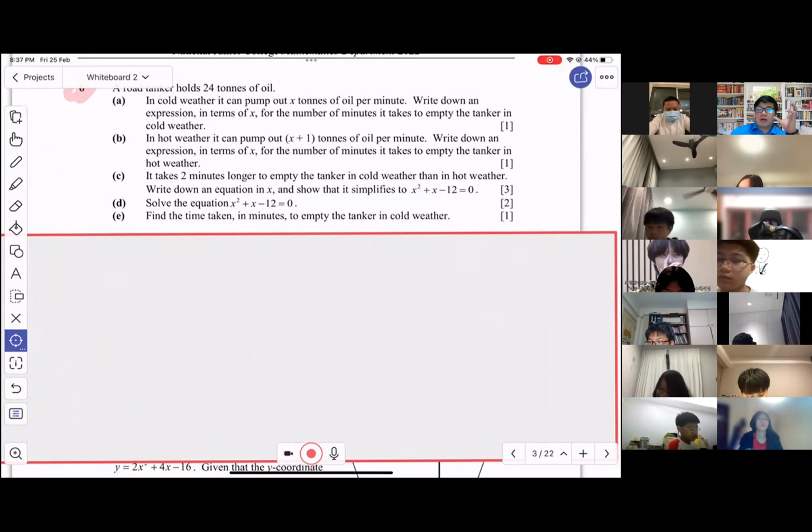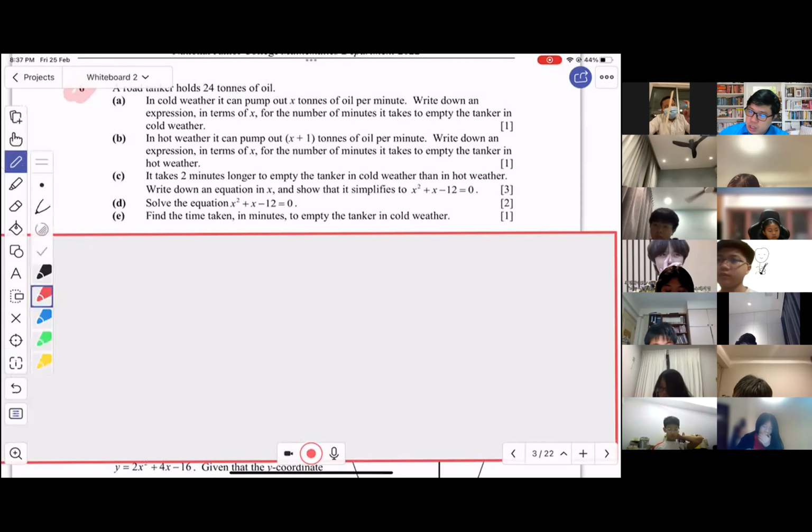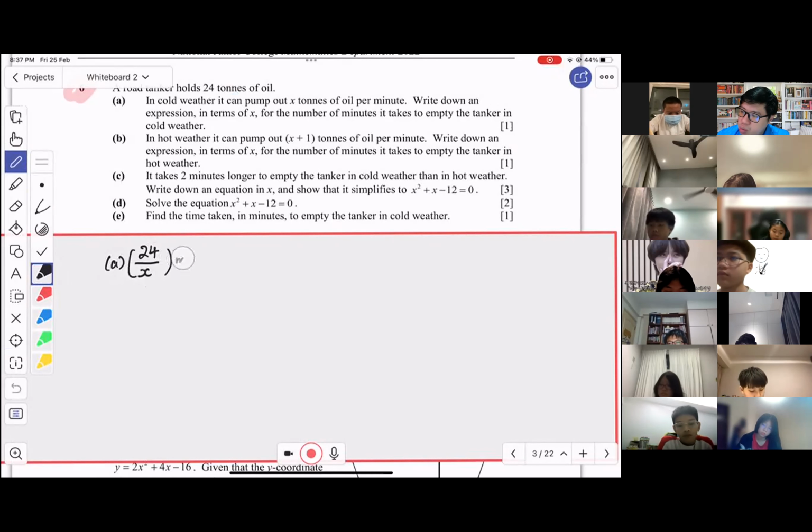If you think about it, the volume is 24, and every time x is going out, x going out, x going out. How many x can go out? The idea is you take 24 tons and divide by the number of x it can pump out. This will be the number of minutes that it takes to empty the tanker.